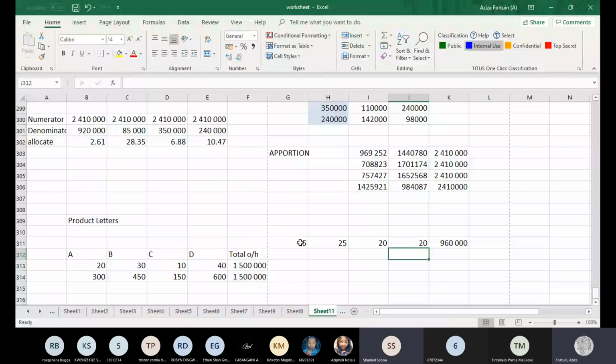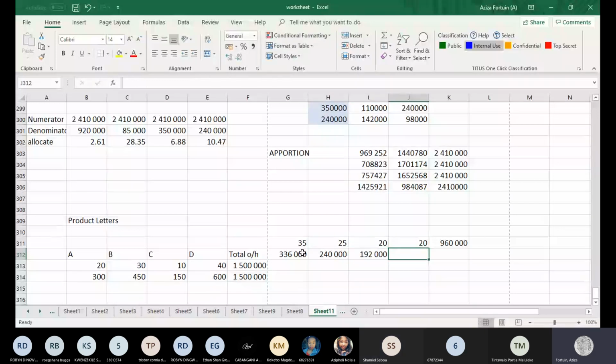So basically, 35%, 960 times 35%, that will give me 336,000. 25% would give me 240,000. This one will give 192,000, and that one will give me 192,000.